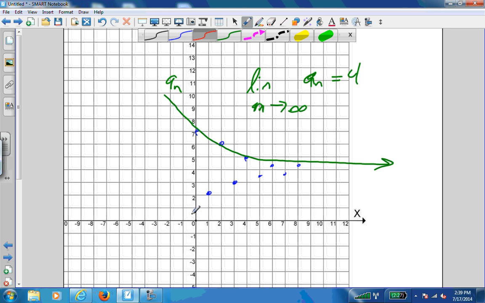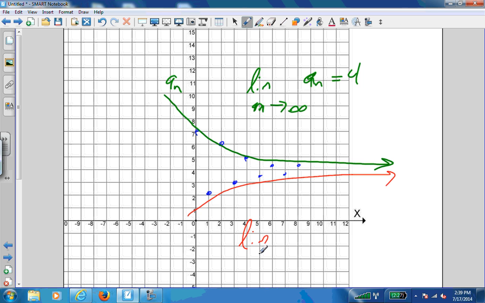If we look at this bottom one, the bottom values are always either on or above this. Let's call it b sub n. If the limit as n goes to infinity of that is also 4, and our sequence is always between those, so bounded, this time not monotonic, but always between an upper and lower value with the same limit, then our sequence in between will also approach 4.